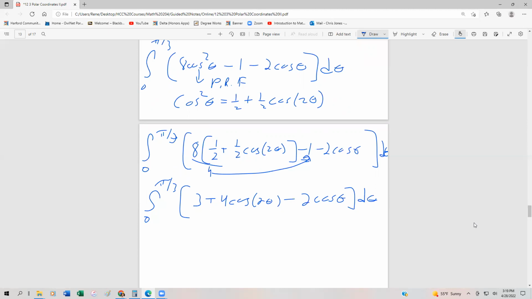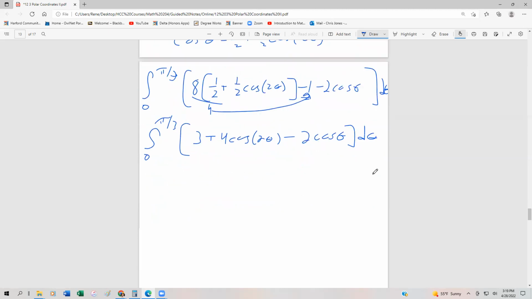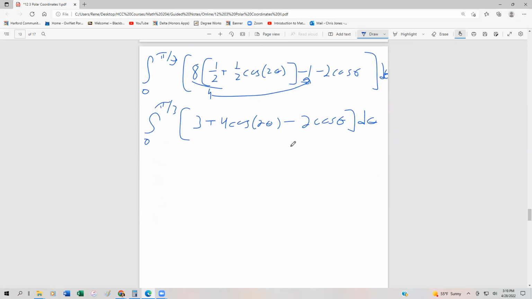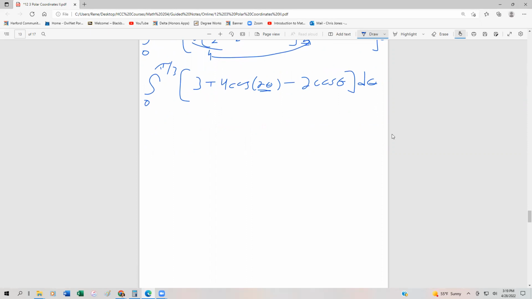All right, now we can finally integrate. And the integration is actually really basic for this one. The only thing that we have to remember is that we have a 2 inside that interior angle. So we're going to have to divide by 2. So we're going to get 3 theta plus 2 sine of 2 theta, excuse me, and then minus 2 sine of theta from 0 to pi thirds.